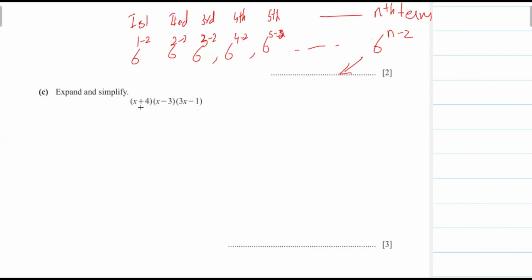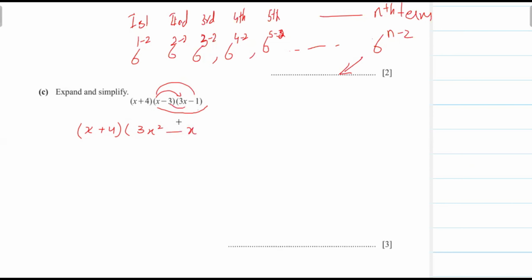Part C, expand and simplify. Firstly, we will expand the last two algebraic expressions. The first expression we write as it is, x plus 4. Firstly, we multiply x to 3x, we get 3x squared. Next, x to minus 1, we get minus x.